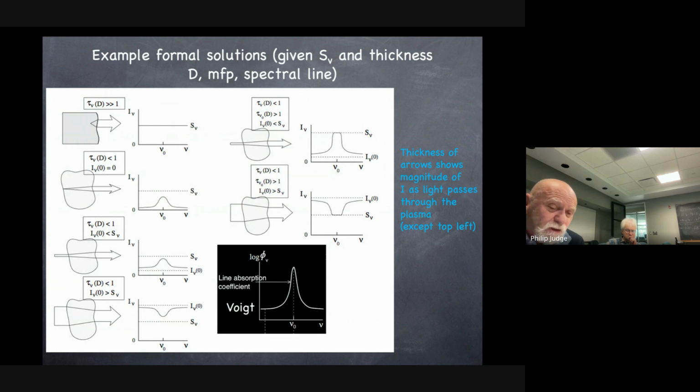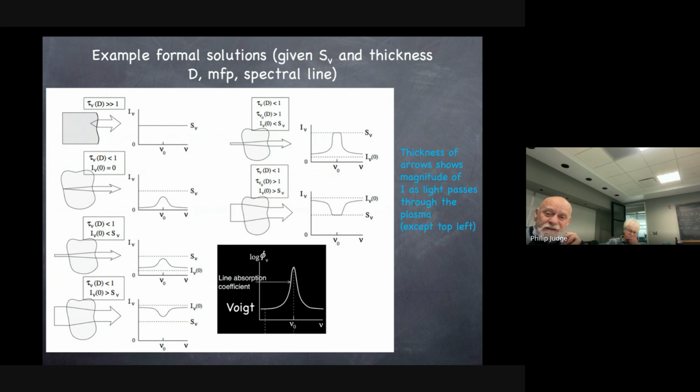Well, it's because the source function never gets to be as high as the local Planck function. It's trying to get there, but it simply can't. And we'll talk about that later. But as far as this tutorial is concerned, if the source function is lower than the Planck function in this blob, then you will get an absorption line. So that's how the absorption lines are formed in the solar upper photosphere, and how things like H alpha form in the chromosphere.